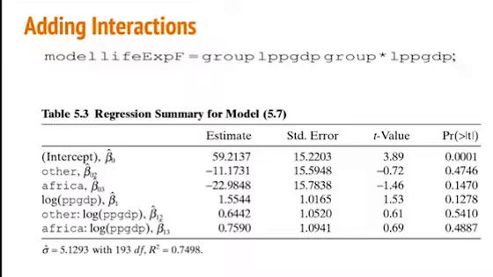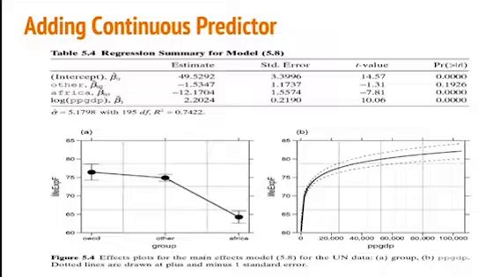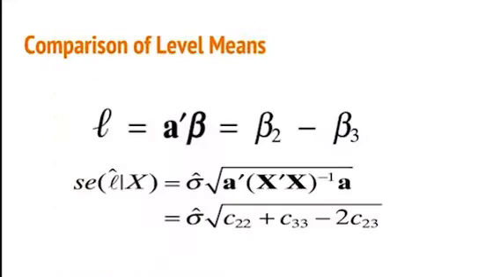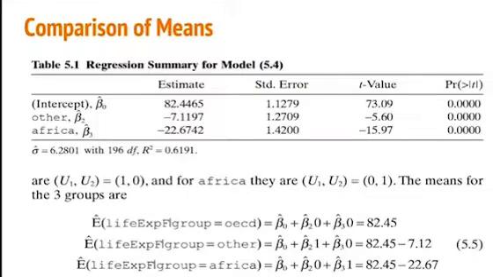Because we don't just look at significance alone. We have a special test. If I really want to know whether I should go by this model that has interaction, or by this one without interaction but with the main effects of group and the main effect of PPGDP, or by just this one only.